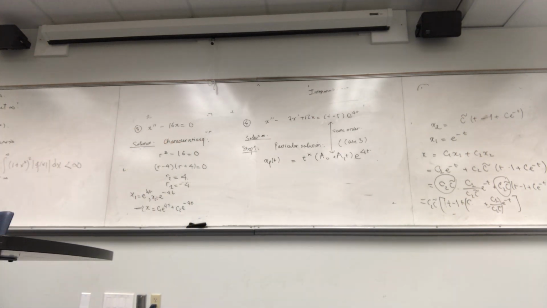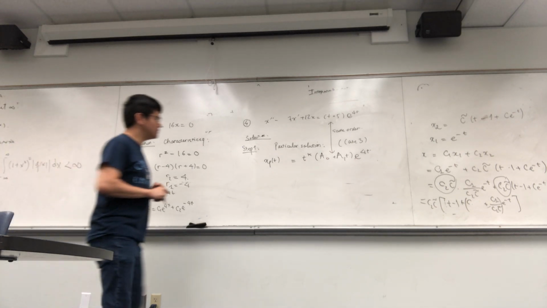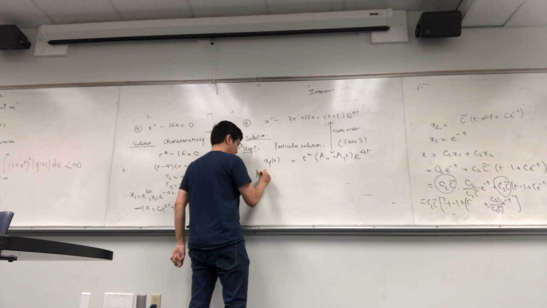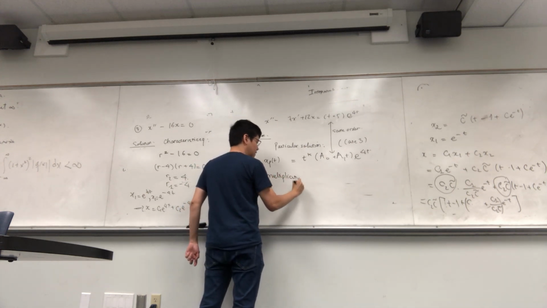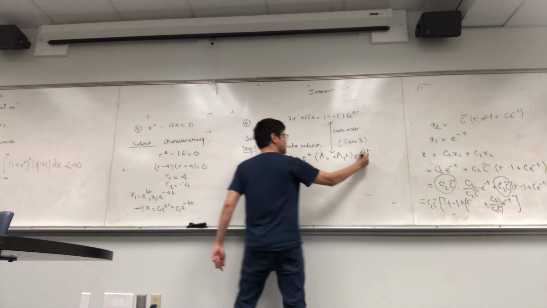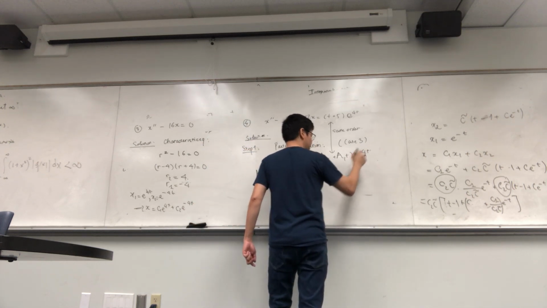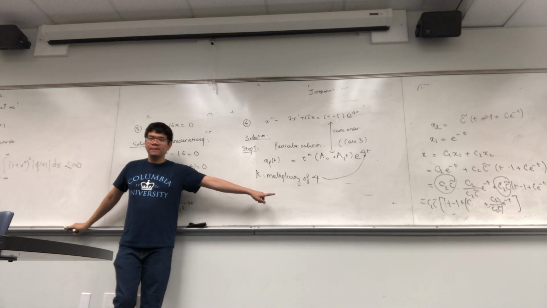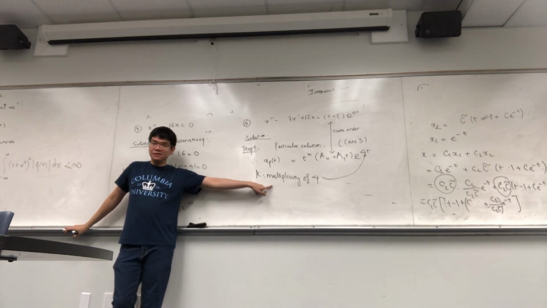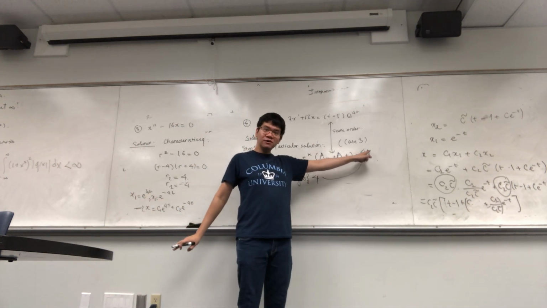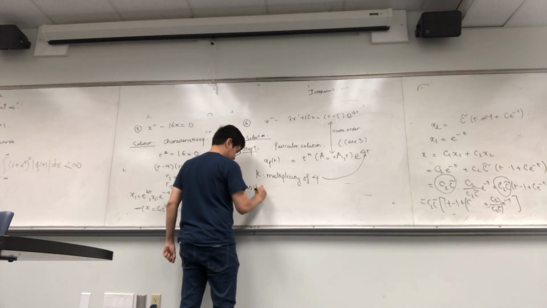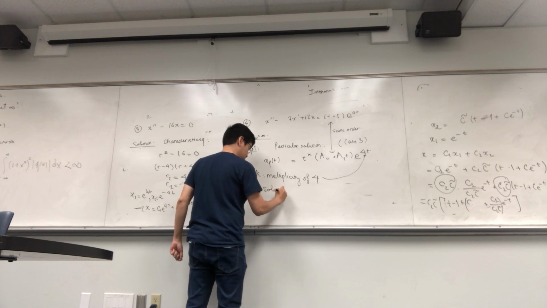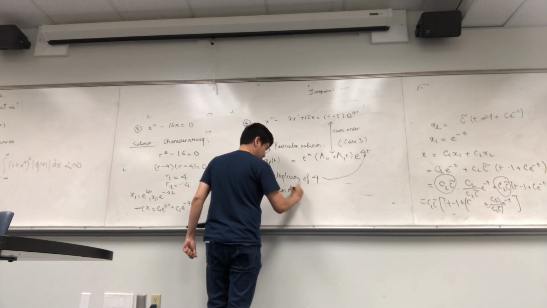Yes? The multiplicity of 4 as a solution of the characteristic equation. So k will be the multiplicity of 4, which is this power here, right? So k will be the multiplicity of this 4 as a solution of the characteristic equation.